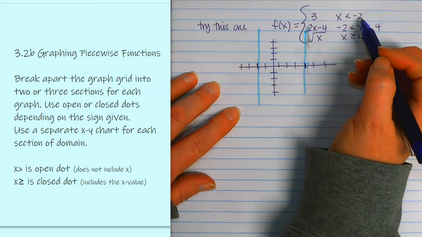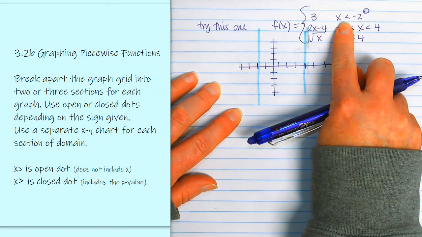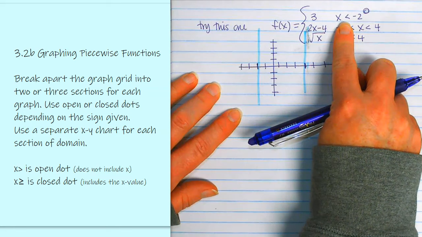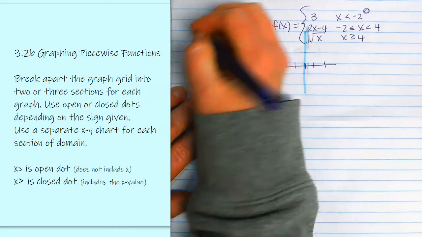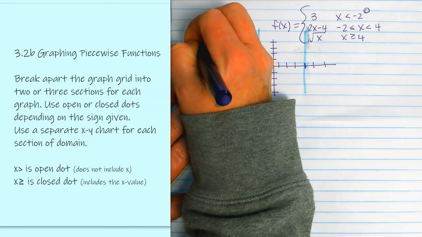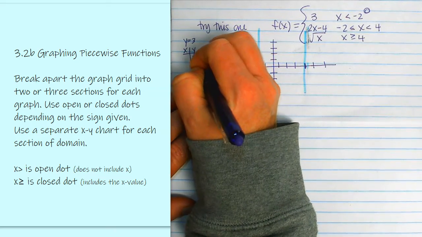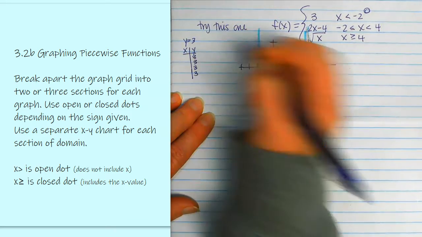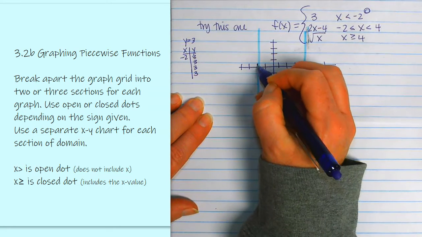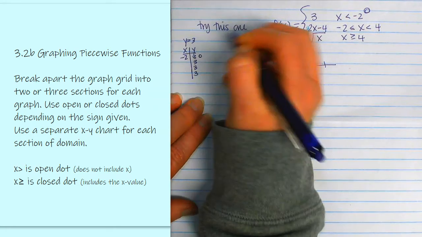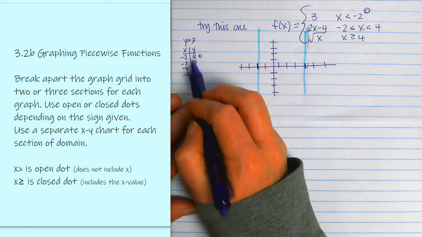This one is pretty easy to graph. It has an open circle because it doesn't have equals. So it's like a horizontal line, and no matter what x value I put in, if I say y equals 3, that means that y equals 3 for any x value that I put in. -2 is the value right here, which is going to have an open circle. -3, -4, -5, they're all going to be y value 3.